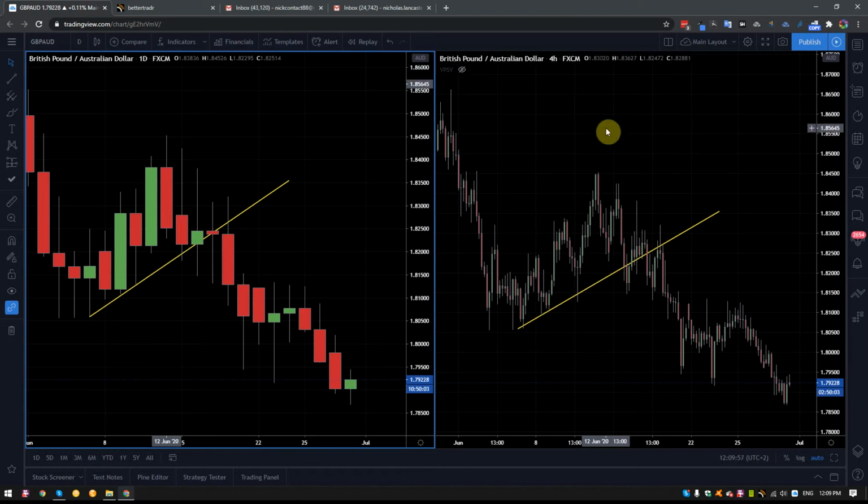I'll just quickly go through what the bias change is. Basically, once I've drawn this trend line, I'm now looking for price to resume the downwards trend. So at the moment, I'll be looking at price action and monitoring the news feeds.